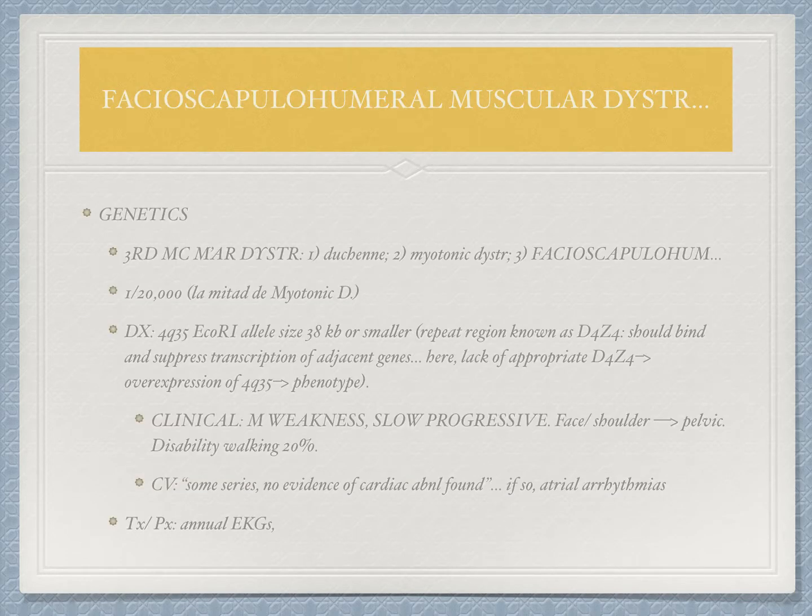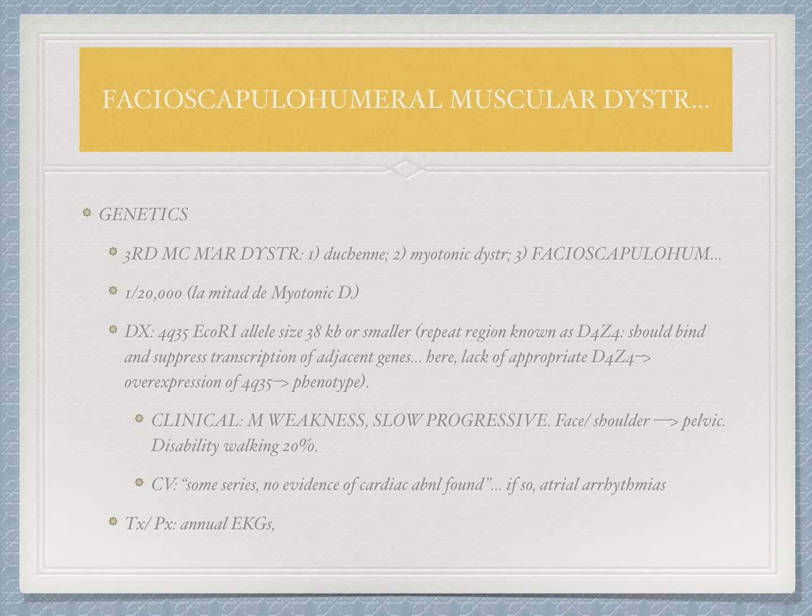Treatment and prognosis is based on the genetic classification. Now let's go to facioscapulohumeral muscular dystrophies. See here in the name it says facio, so it affects the face, and it also affects the face and shoulder, and then affects the pelvic area.